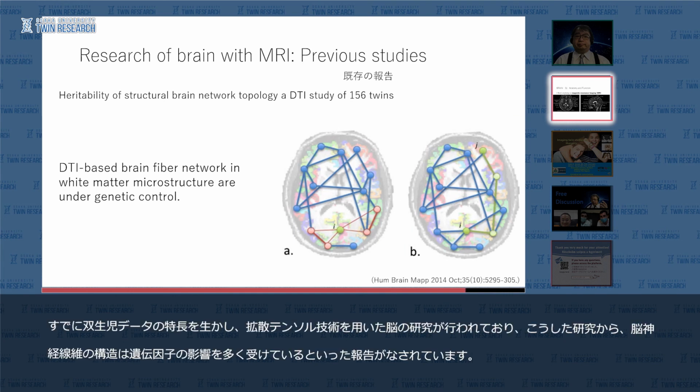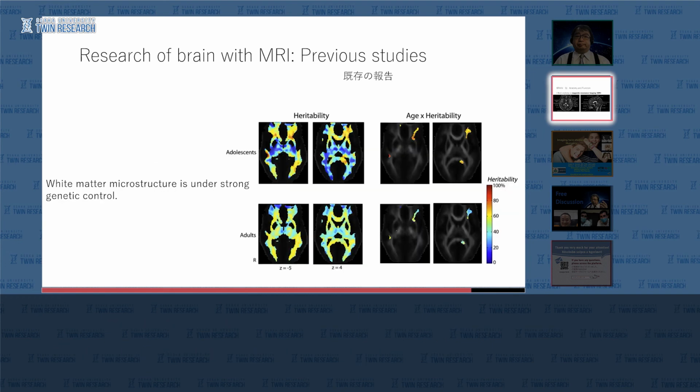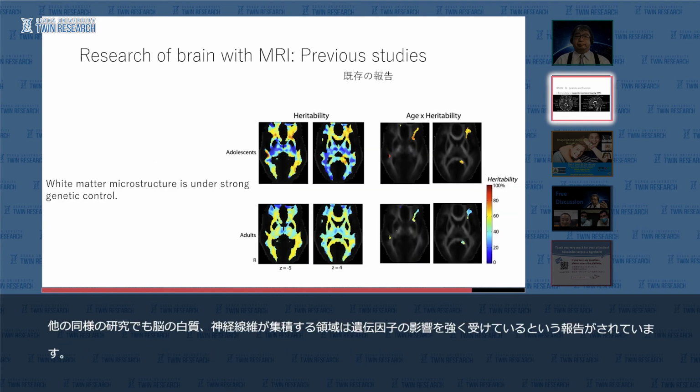A previous study with DTI reported evidence that differences among individuals in white matter microstructure, as measured with diffusion tensor imaging, are under genetic control. Another study also mentioned that white matter microstructure is under strong genetic control.